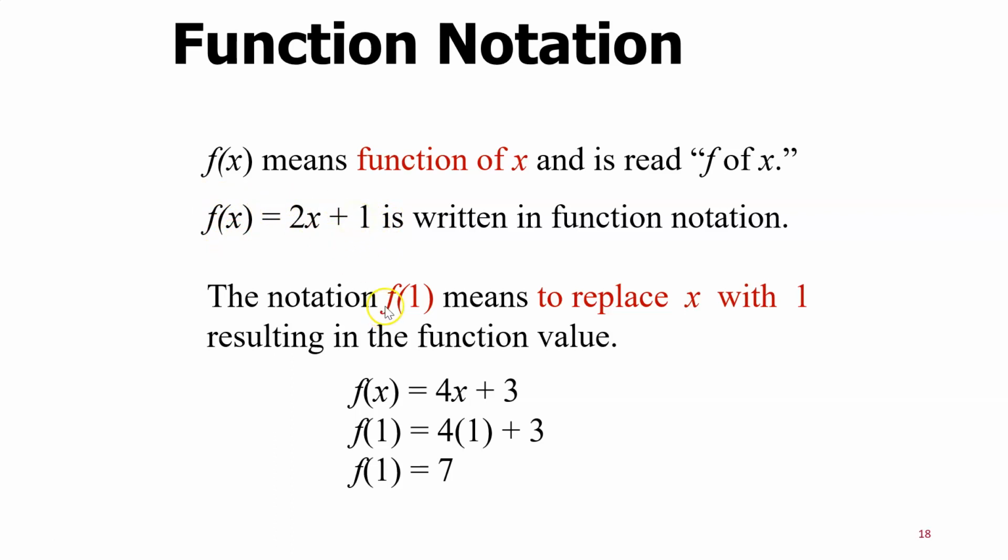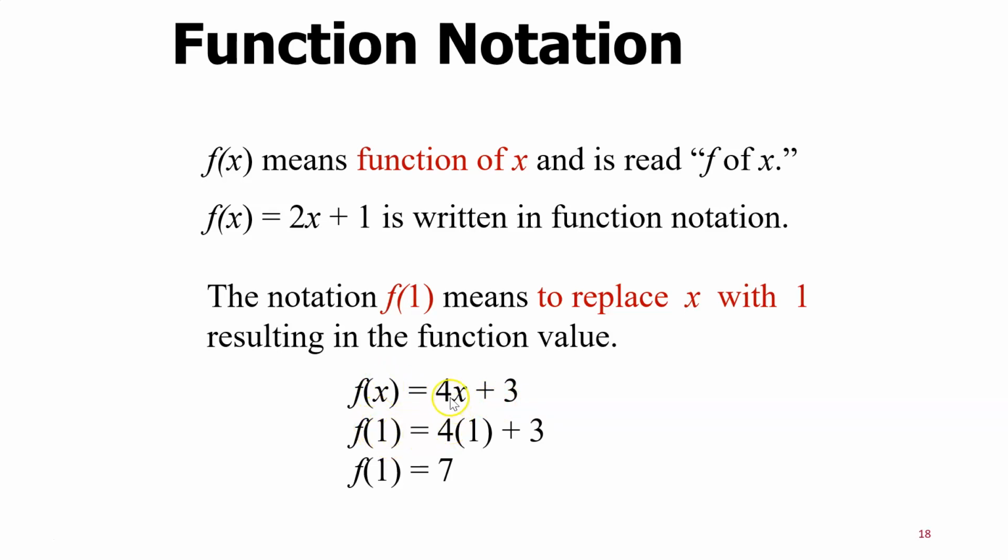The notation f(1) means to replace x value with 1. Previously we have this one, f(x). Now you substitute the x with 1. So you have f(1) resulting in the function value. So let's say you have a function, original function 4x plus 3. Now you want to replace the x value with 1, f(1).